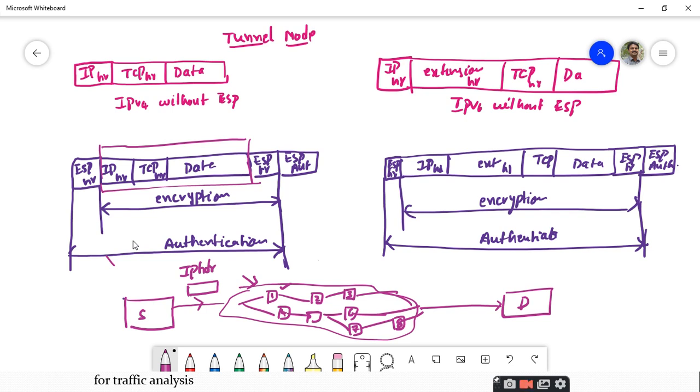It will look only for the IP header. Since it has the ESP header, it cannot get any idea of what route it has to take. For this purpose, you have to make use of a new IP header.